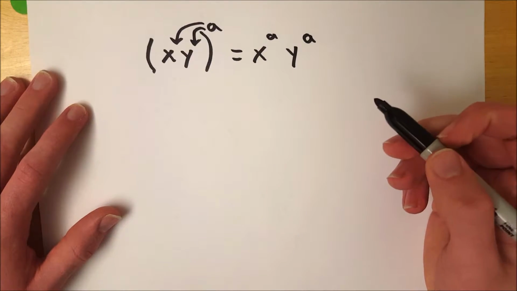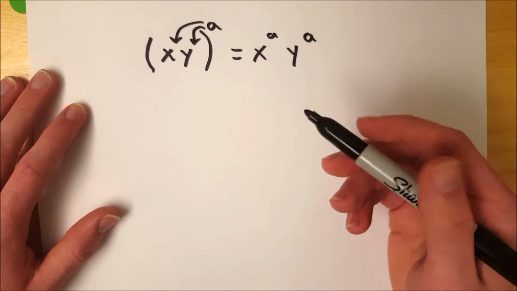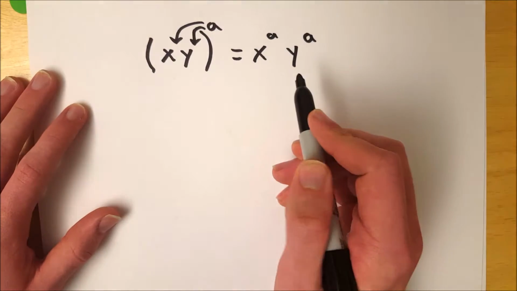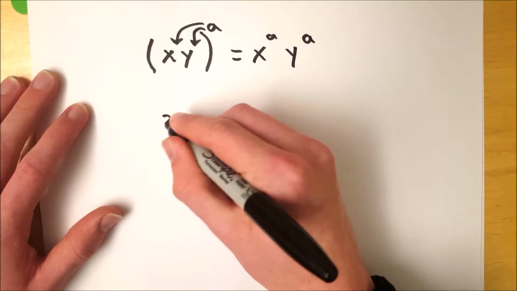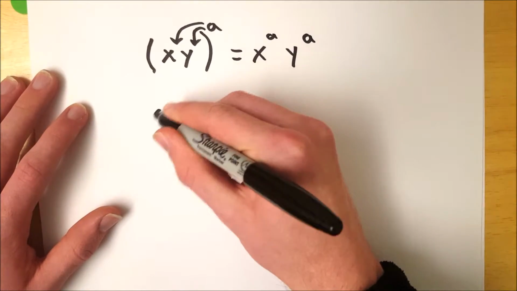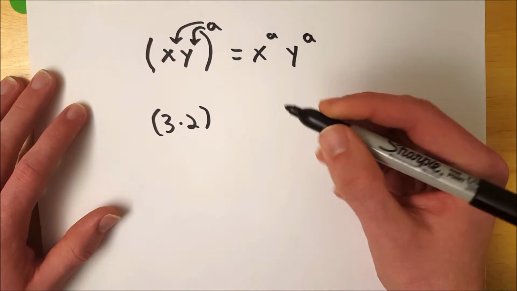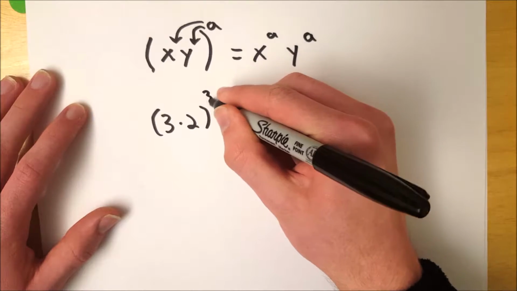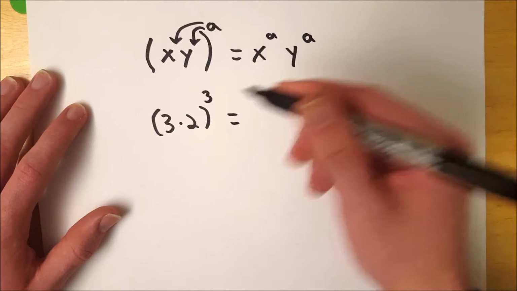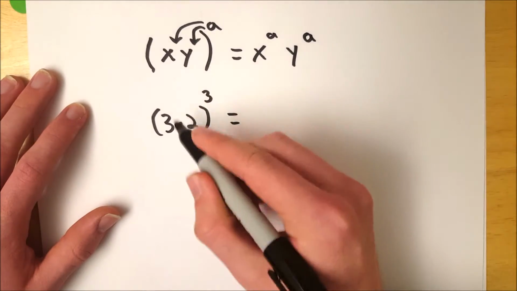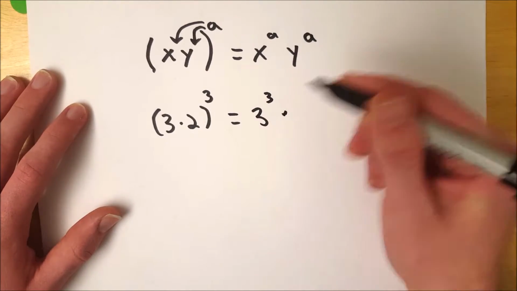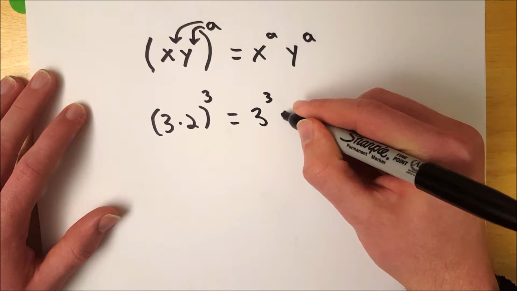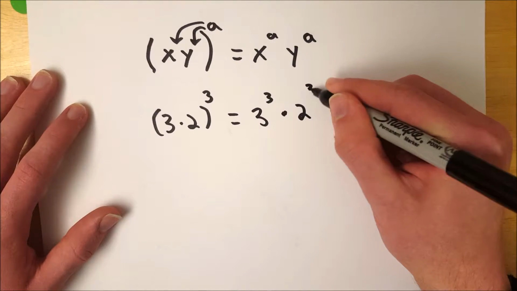Let's look at some actual numbers, and then we'll look at another generic example of a different case. Let's say we have 3 times 2, all raised to the power of 3. Then this is equal to 3 to the power of 3, multiplied by 2 to the power of 3.